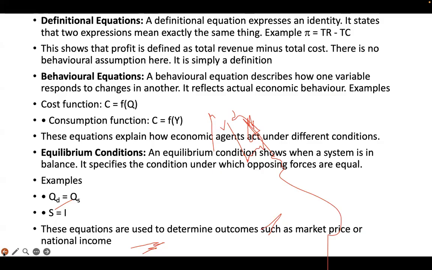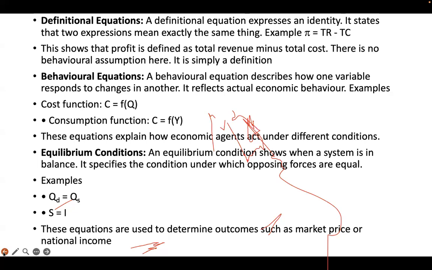So it means that when demand meets supply, equilibrium is established. Yes. When demand meets supply, equilibrium is established. We want it this way: when demand equates supply, equilibrium is established.